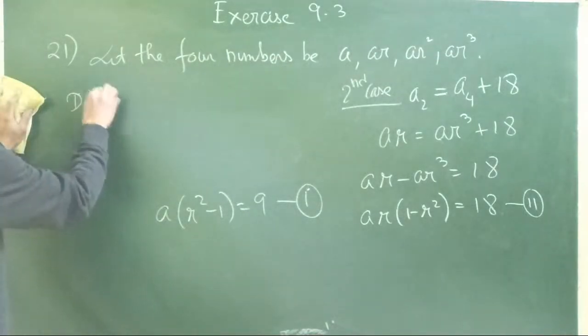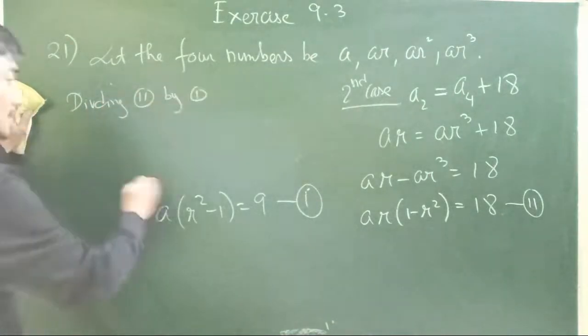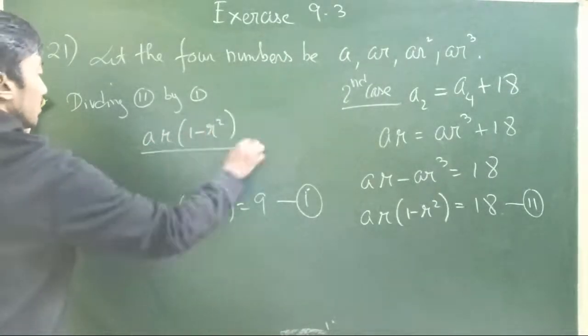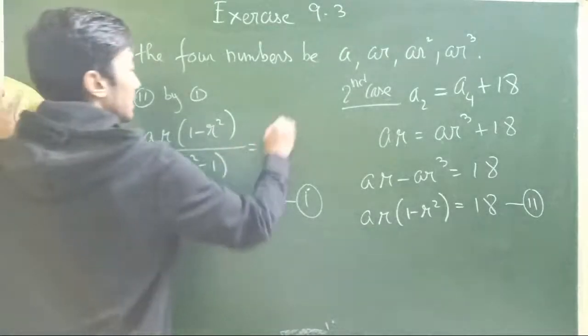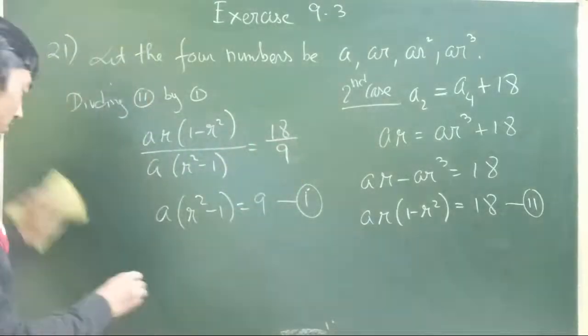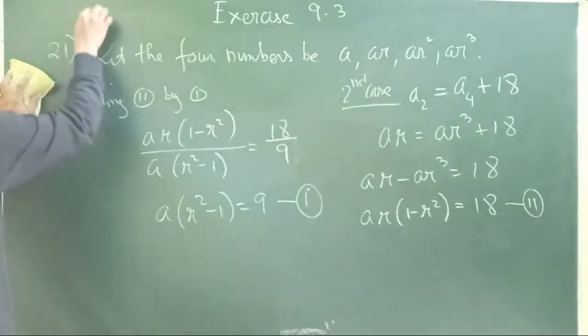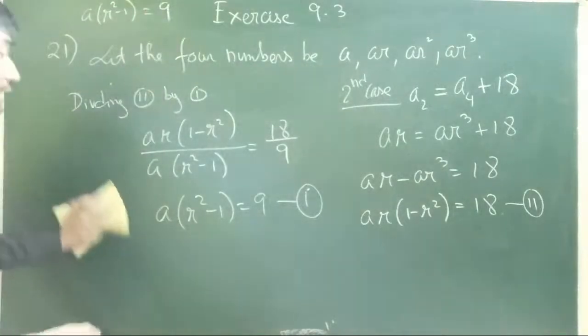Dividing equation 2 by 1, let's see what we have. ar into 1 minus r square divided by a into r square minus 1, that is 18 by 9. Let's not forget this equation. I'll just write it here because we might need that: a into r square minus 1 is equal to 9. I have a habit of forgetting things.